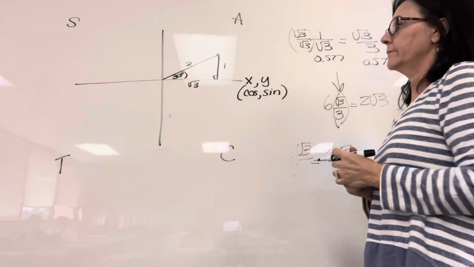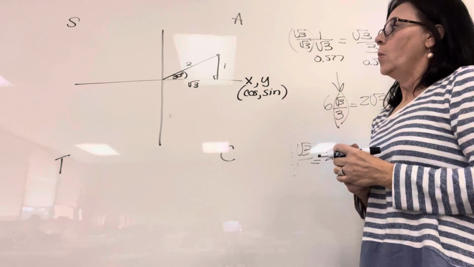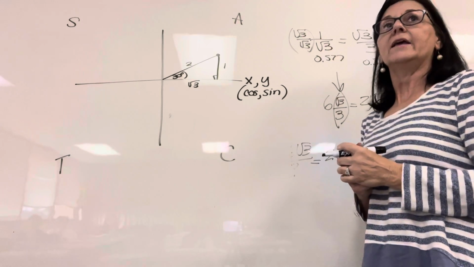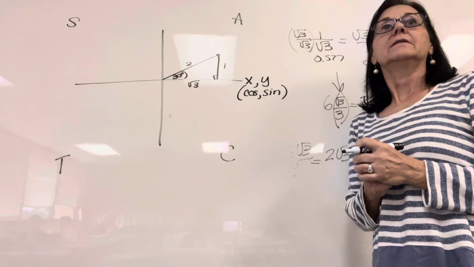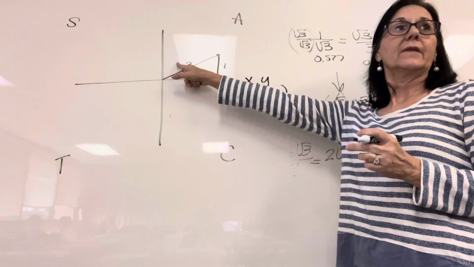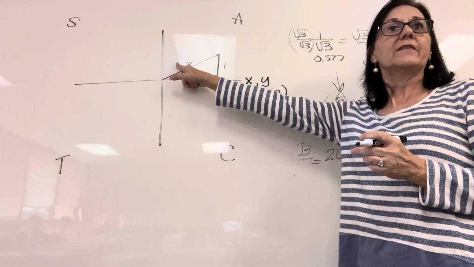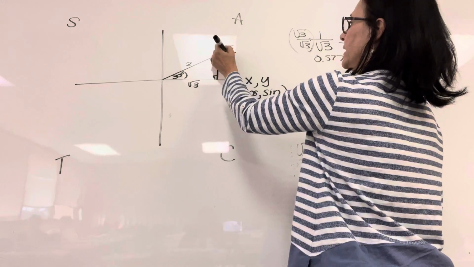What over what? Cosine equals what over what? What's the adjacent? Adjacent over hypotenuse. You see that? So the cosine here would be square root of 3 over 2.